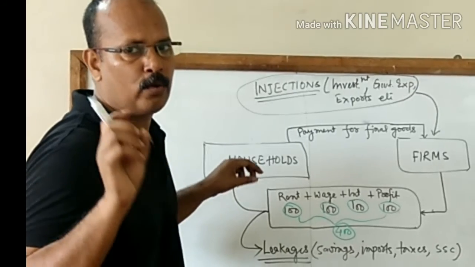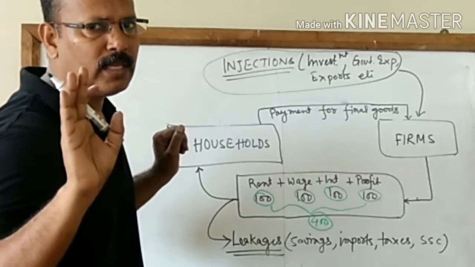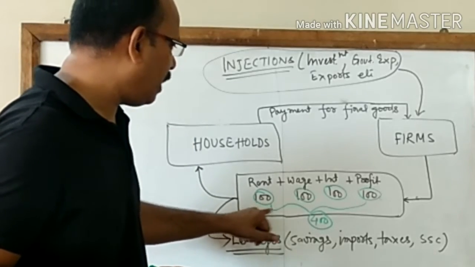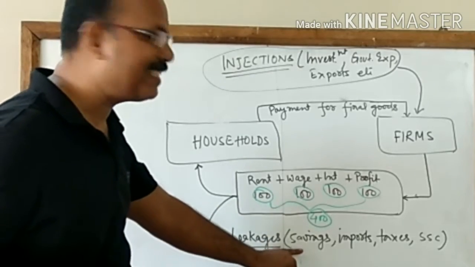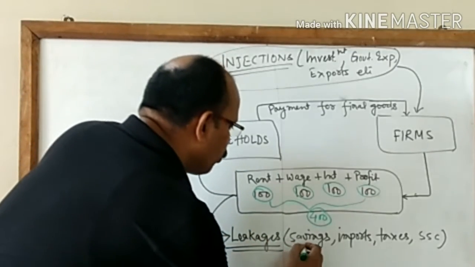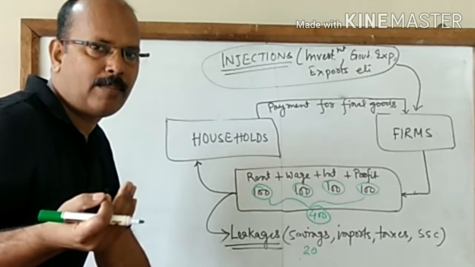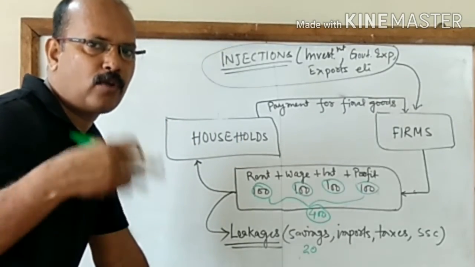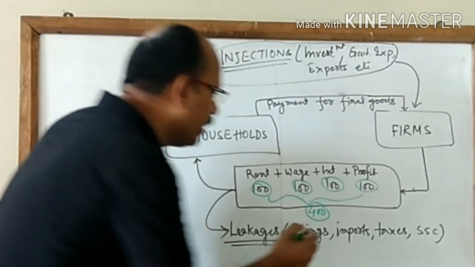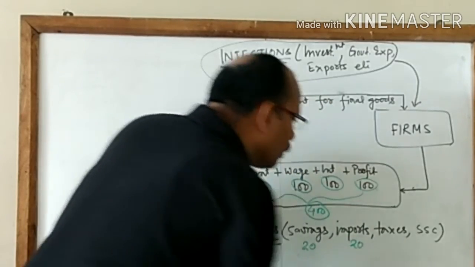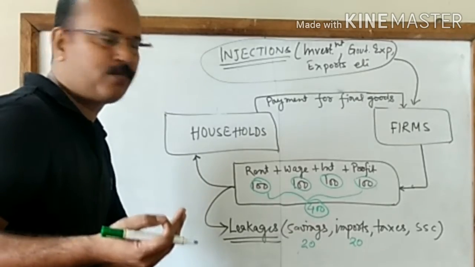But now the question is whether the household is getting 400 crore or less. Whenever we get our income, a part of that we will save. Suppose savings is 20 crore in the economy. Then we import some amount of goods from abroad, so for import also we make import payment and the money is going out. Then another part of our income is going out as tax payment.